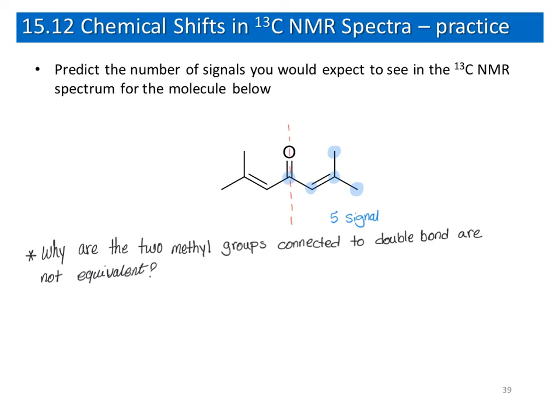Now let's make a note of that. So why are 2 methyl groups connected to a double bond not equivalent? Because we don't have free rotation about the double bond, and that makes the top methyl group cis to the carbonyl group.